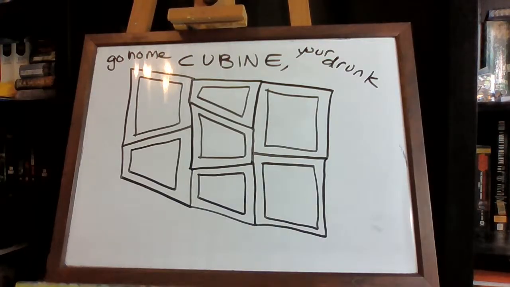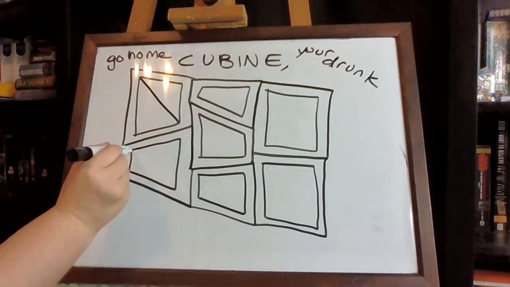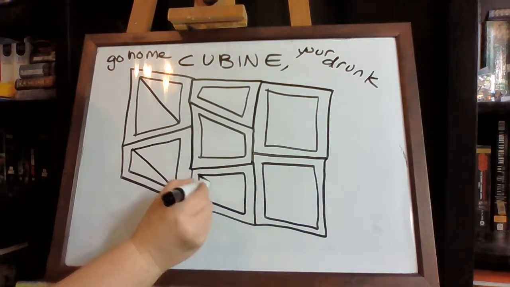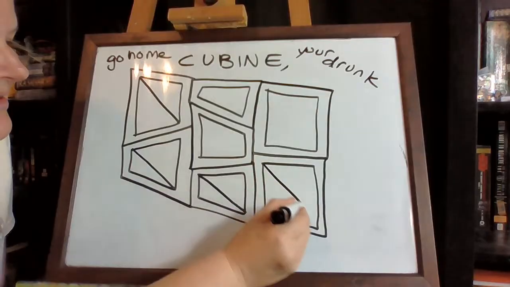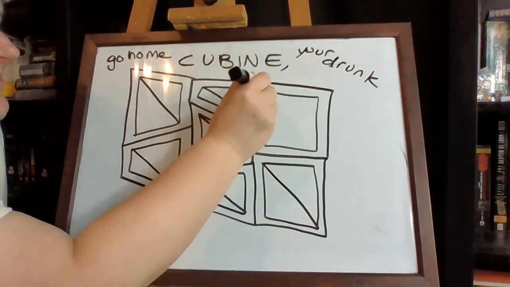And so once we've squared off that space, same step as in the other cubine, a diagonal from corner to corner. And this is where it starts to look really strange, which I think the more extreme you make your squares, the better the end result you get.